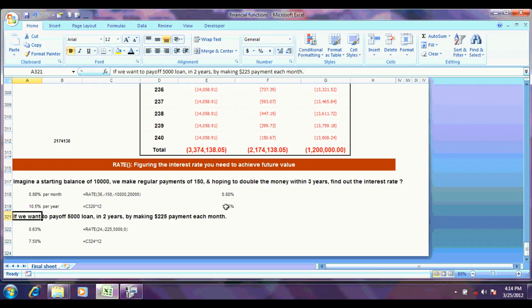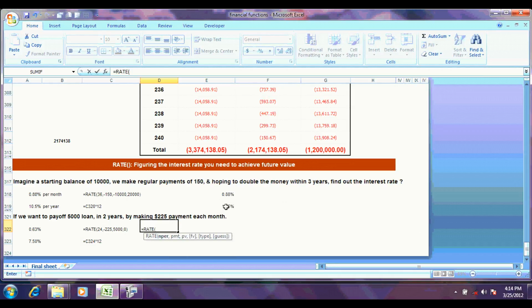Now if you want to pay off a 5,000 rupees loan in 2 years by making payment of 225 each month, what is the rate of interest at which I should be paying? Equal to rate.